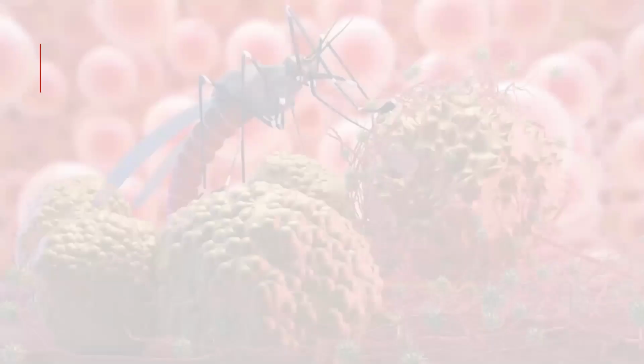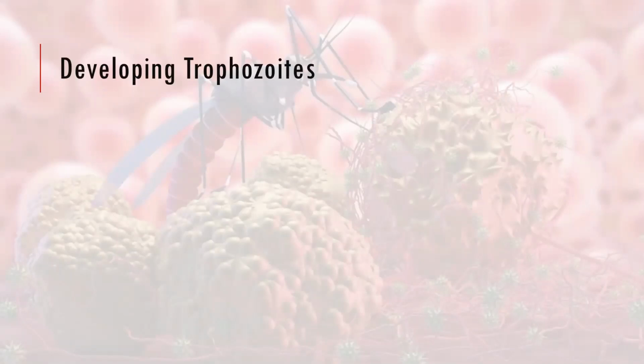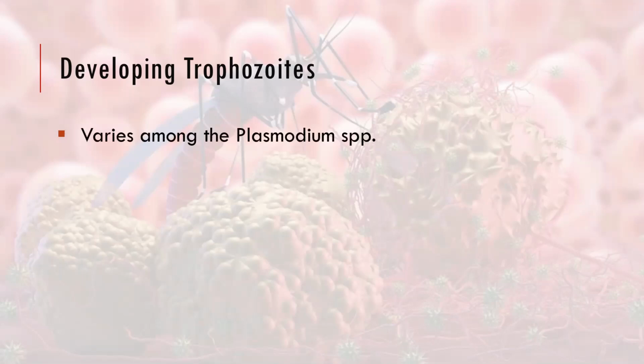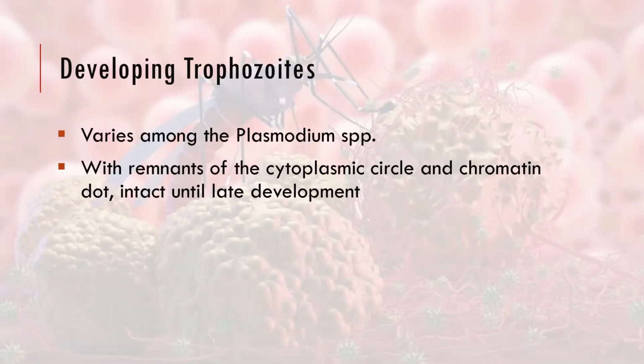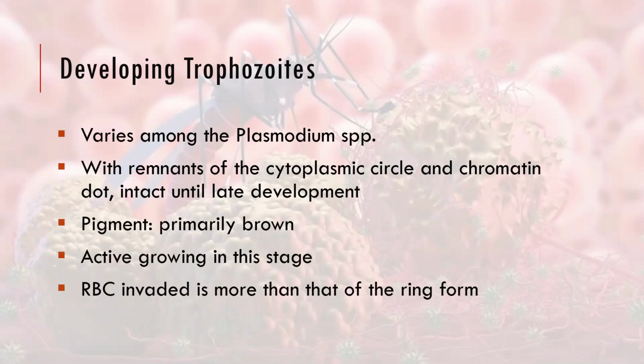Now, how about the developing trophozoites? Developing trophozoites of our malarial parasite vary among Plasmodium species, with remnants of the cytoplasmic circle and chromatin dot intact until the late development. Pigment is primarily brown. The invasion of the RBC is more than that of the ring form.